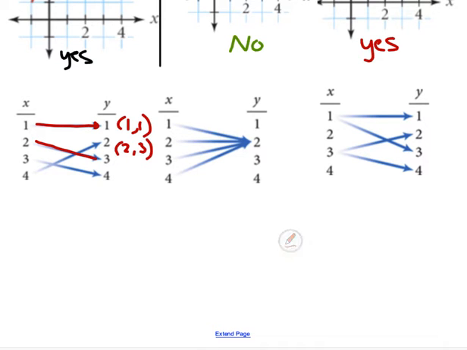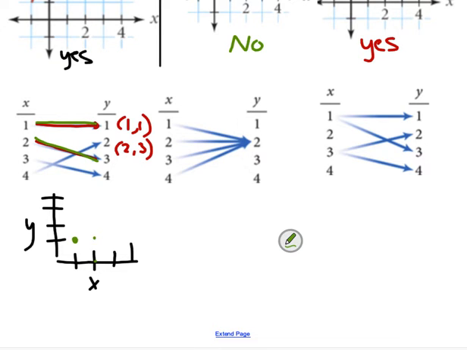What I personally like to do is really quick make a sketch. The x values are 1, 2, 3, and 4. The y values are 1, 2, 3, and 4. Let's plot these really fast. When x is 1, y is 1. When x is 2, y is 3. When x is 3, y is 4.